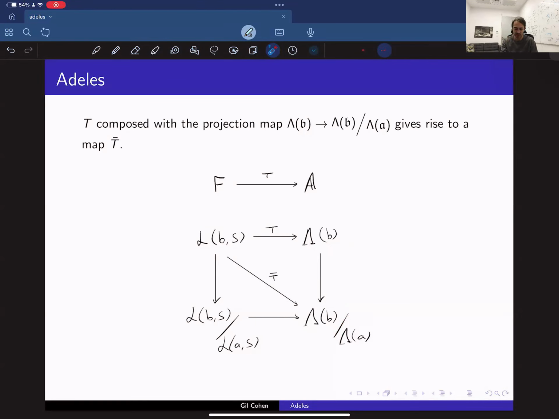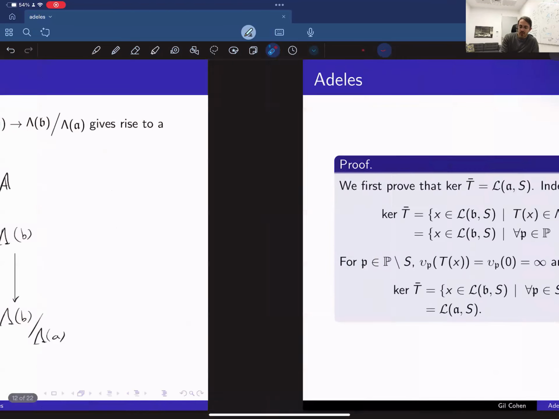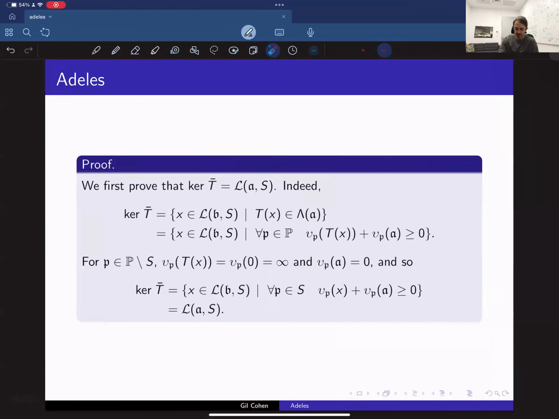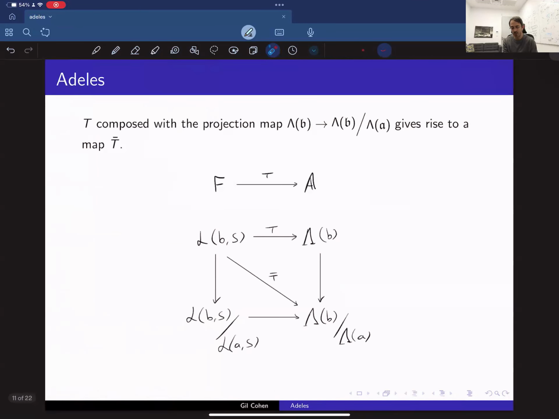Okay, so at least we have this map, which we call T hat. And what I'm claiming, so maybe let me go backward and see it in the picture, is that this map is onto, and the kernel is precisely LA of S, LAS.